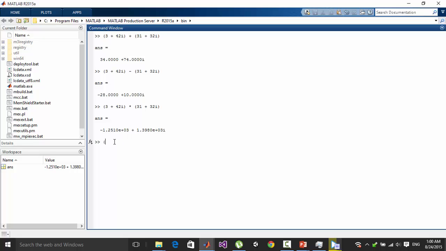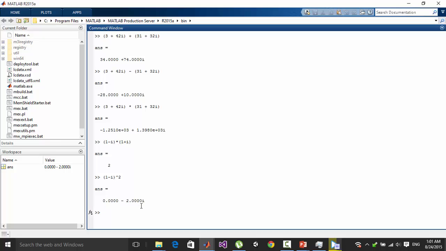So if I say 1 minus I multiplied by 1 plus I, we all know what is the value. So here it is, which is typically like this. Not quite like that.